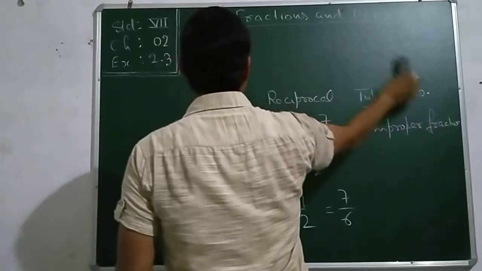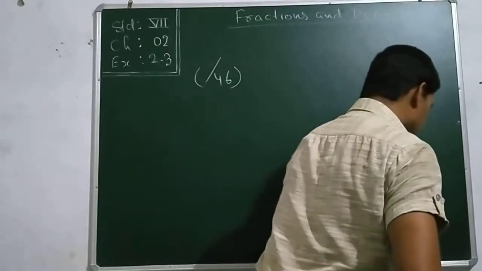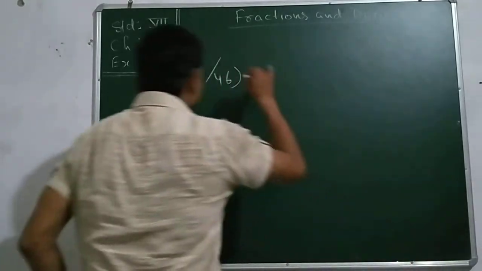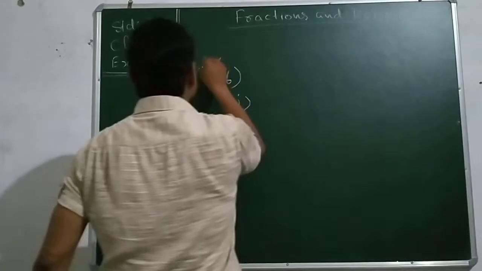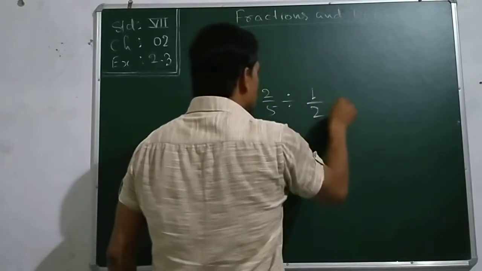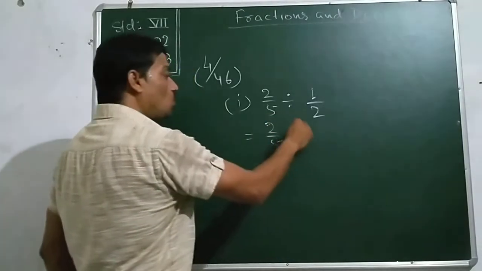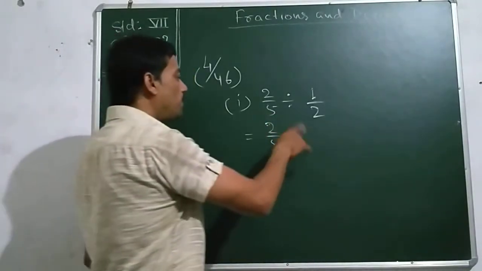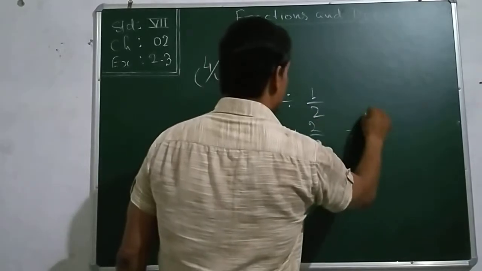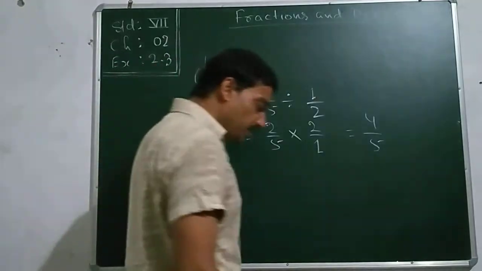See, 2 by 5 divided by 1 by 2, as shown during the explanation: 2 by 5 into 2 by 1, and the result will be 2 2s are 4 by 5. One more sum I am solving here.